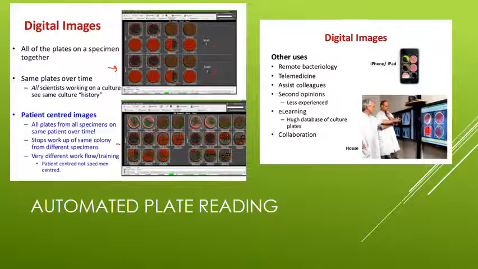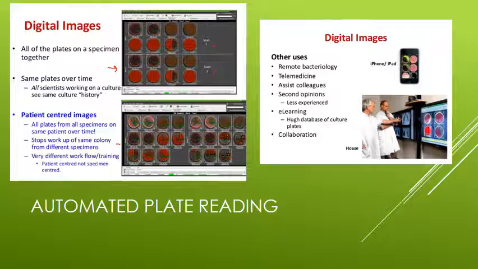In some cases, the plates never leave the incubator. The instrument reads the plates and says, okay, we've got to keep this one for another 24 hours. Keep taking pictures. For other ones, it'll say, I'm going to flag this as positive and release it to the tech, and the tech can work up the specimen.